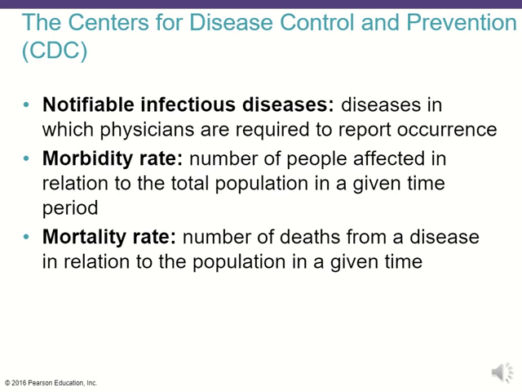Other things involved in the CDC involve notifiable infectious diseases, which are diseases in which physicians are required to report the occurrence of. There is morbidity rate, which is the number of people affected in relation to the total population in a given time period, and then mortality rate, which is the number of deaths from a disease in relation to the population in a given particular time.